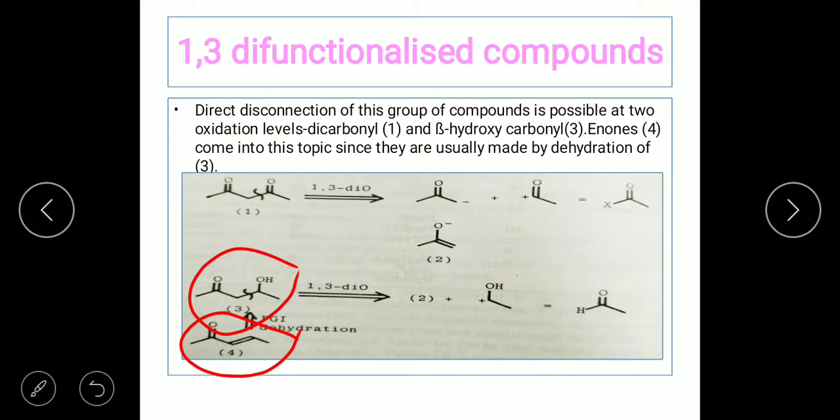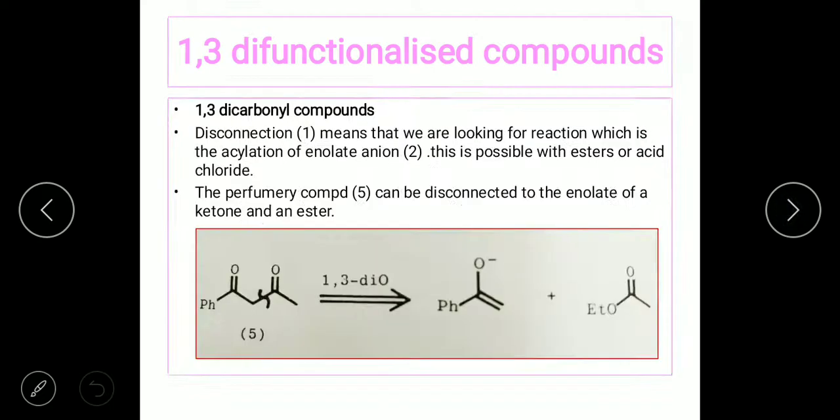After this, the disconnection will be much easier. So wherever you get alpha beta unsaturated compounds, you can directly use the FGI, that is dehydration, and get the beta hydroxyketone. After this, the disconnection will be simpler.